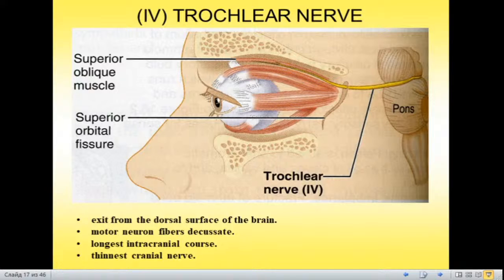Next feature: the fibers of motor neurons decussate just after origin. Next, the trochlear nerve has the longest intracranial course, and it is the thinnest cranial nerve, so it contains a smaller number of fibers.